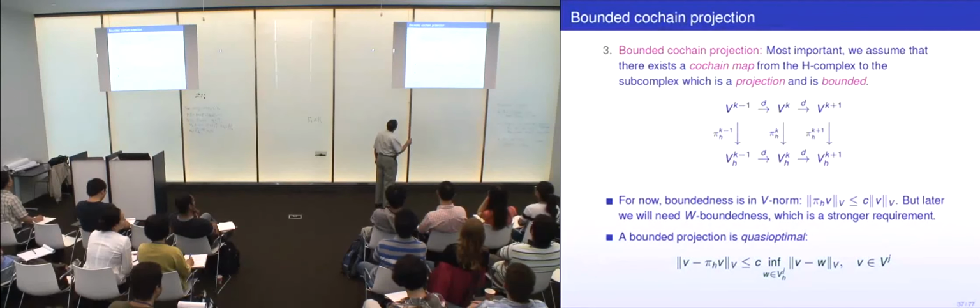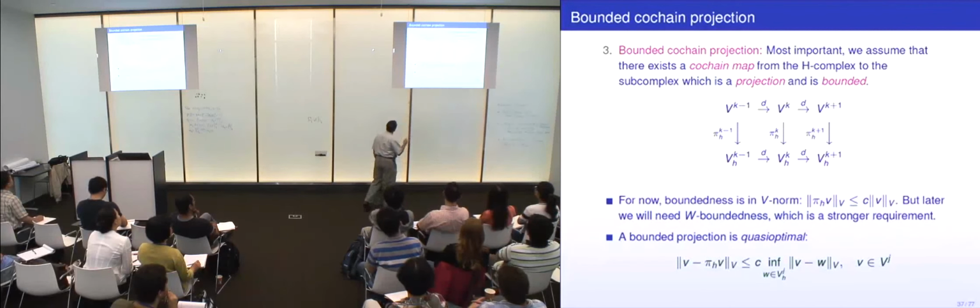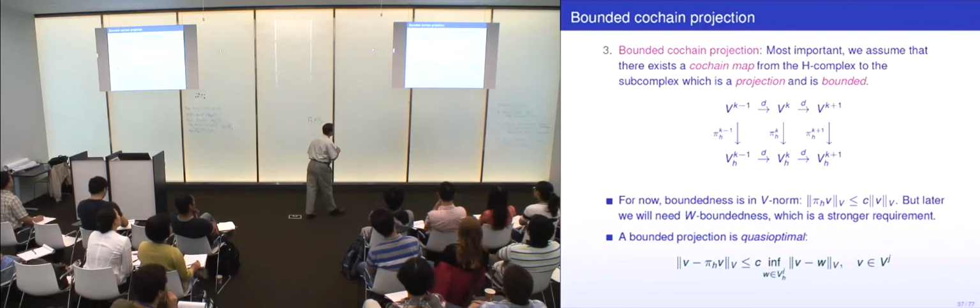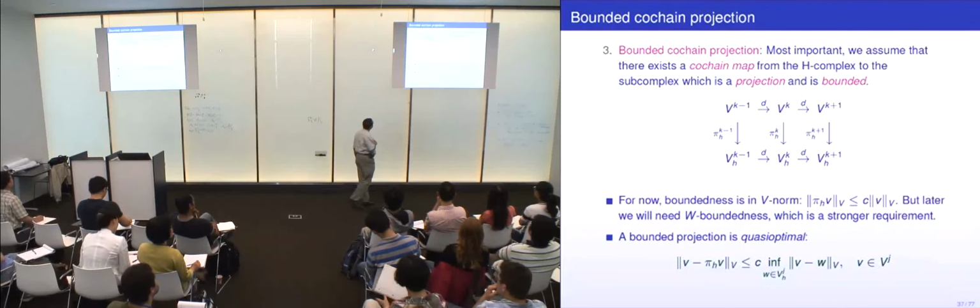And now we need to assume, for the abstract theory, that there exists a projection operator from the full space down to the subspace. That should be a projection, so it leaves the subspace invariant. It should be bounded uniformly in h. In other words, the bound on this will enter the constants in the error estimates. And it should commute with D, a cochain map. D pi is pi D, so a bounded cochain projection.